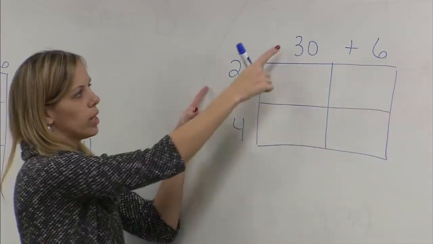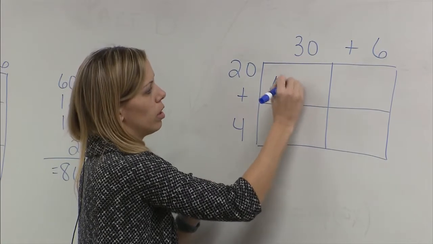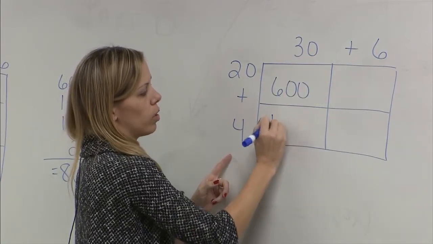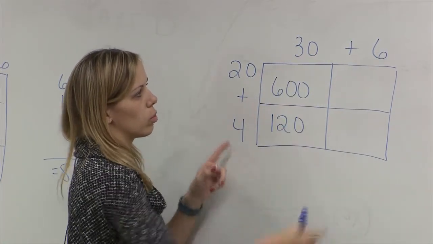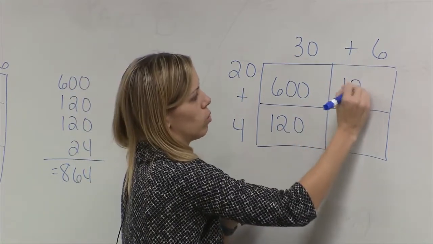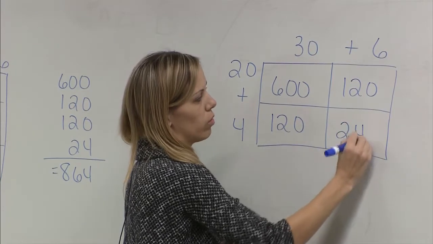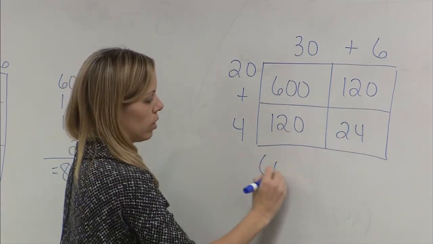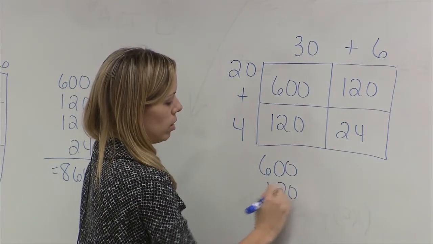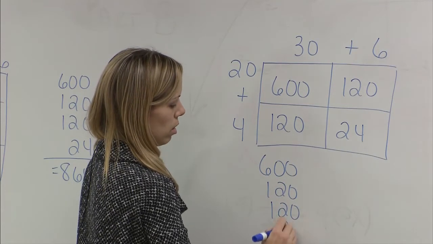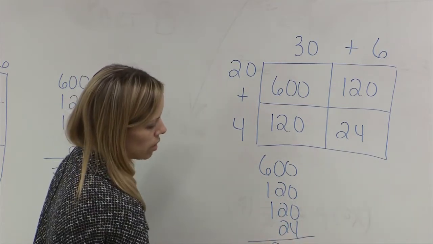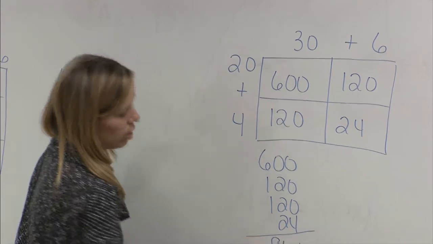So then we could do 20 times 30, which is 600. 30 times 4 is 120. Then 20 times 6 is 120. And 6 times 4 gives us 24. And then we could add those values just like we did in the last one. And that gives us 864 as well.